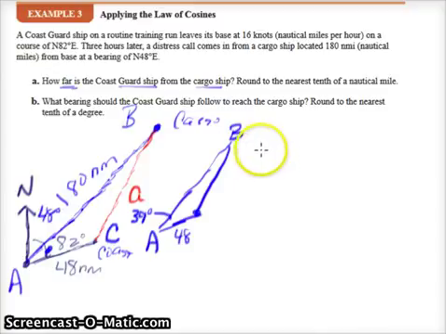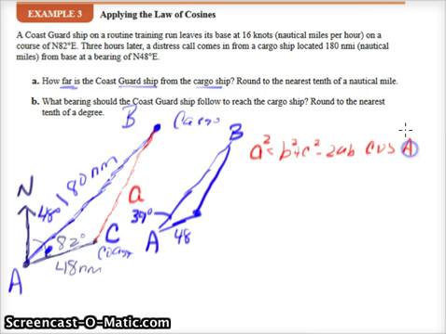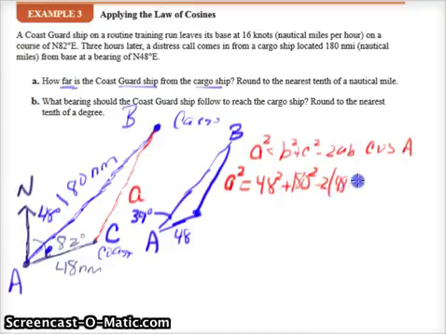We're trying to find little a, so a squared is equal to b squared plus c squared minus twice their product, cosine of A. So now we have a squared is equal to 48 squared plus 180 squared minus twice their product, cosine of 34.